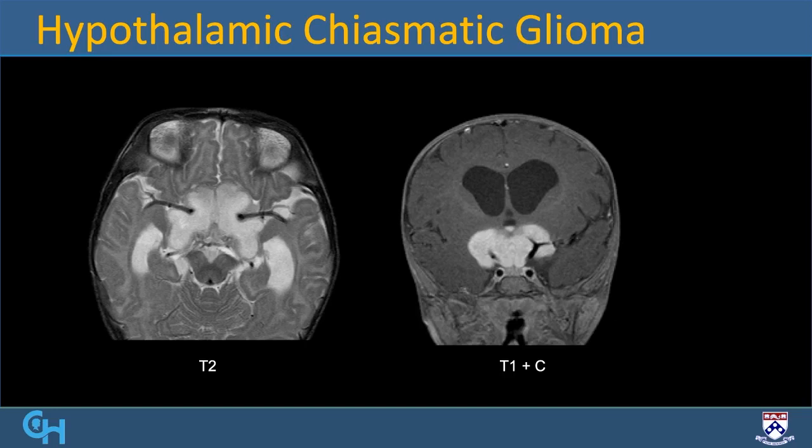When you follow these lesions, they're usually low grade, and very often you can see changing components or increasing cystic components within these hypothalamic chiasmatic gliomas. They are known to encase the vessels, like you can see here in this case, encasing the carotid bifurcation, but still remaining patent.